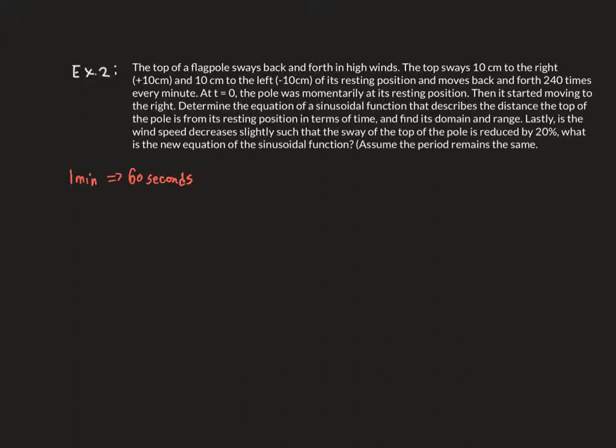It says it moves back and forth 240 times every minute. So if it goes back and forth 240 times every minute, or 60 seconds in this case, that would give me 4 cycles per second.